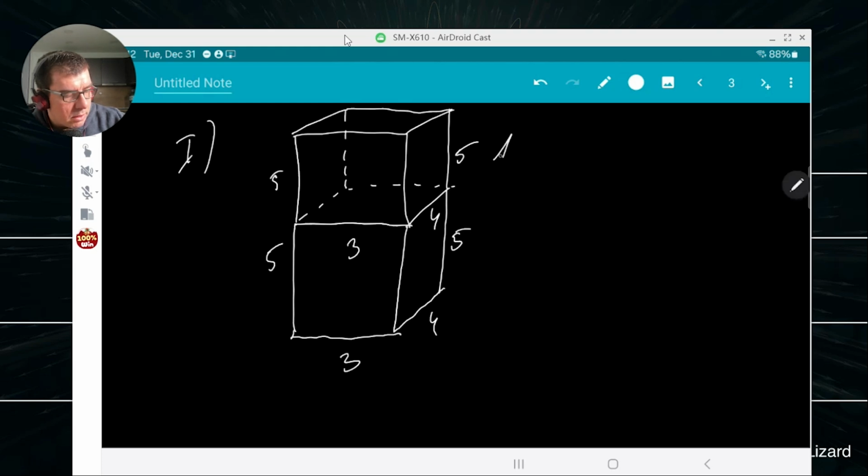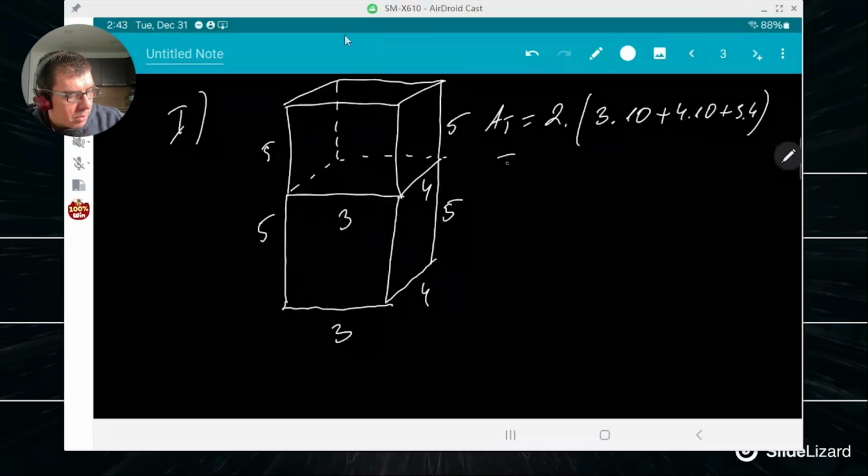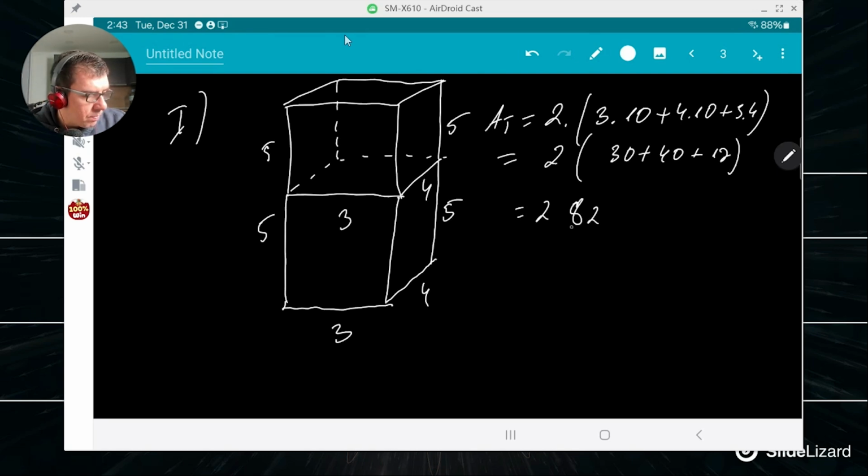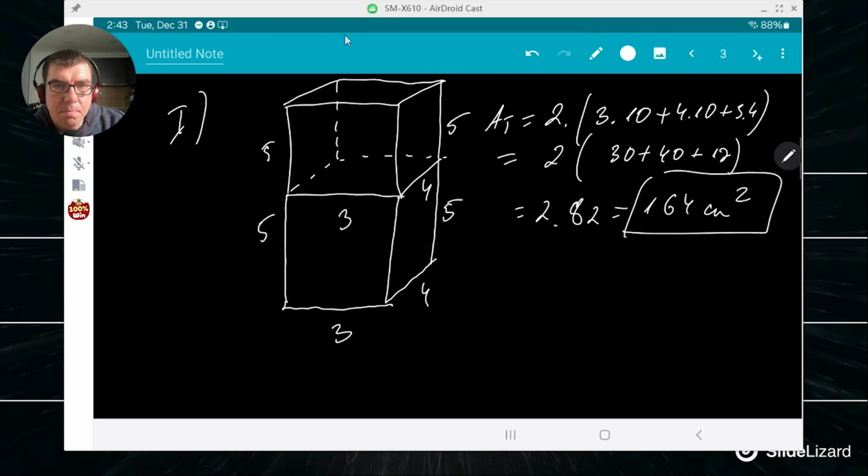So the total surface area will be 2 times (3 by 10 plus 4 by 10 plus 3 times 4). So in this case I'll have 30 plus 40 plus 12, which is 2 times 82, which equals 164 centimeters squared, right?